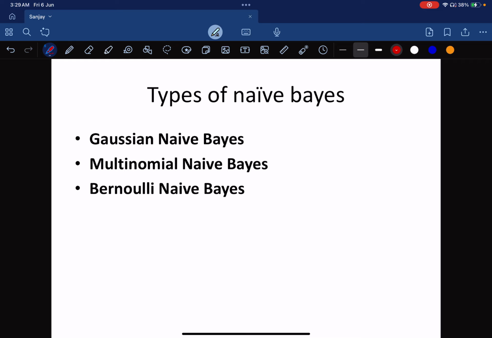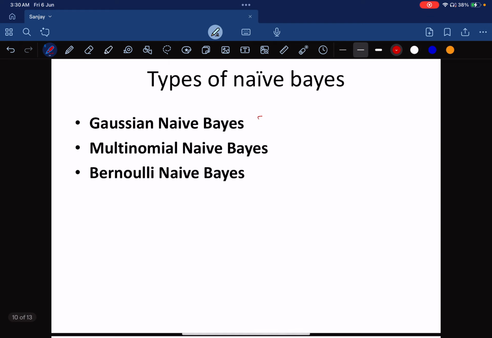But for continuous values, like minus infinity to plus infinity, the data occurs in those intervals, so we don't have any frequency because it's continuous. In that case, we use distribution formulas in these types of Naïve Bayes to assign the data to categories. These are the three main types. In upcoming videos, we will understand each of these types, their applications and the intuition behind them.